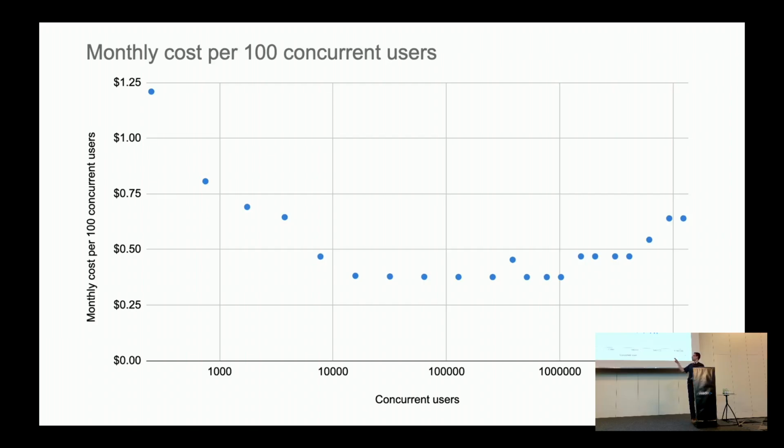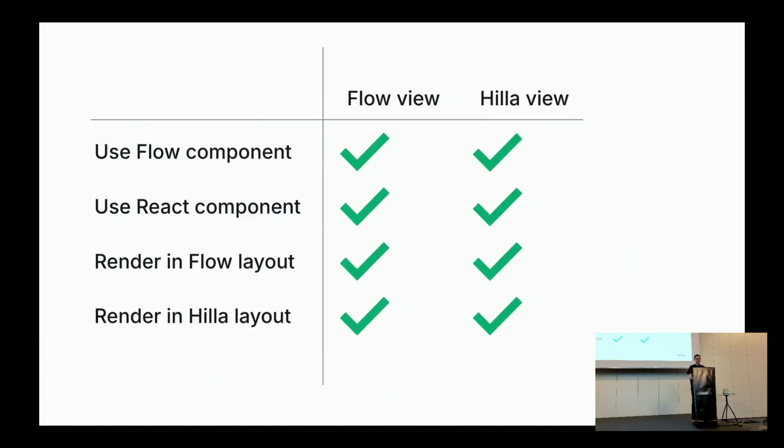If you go really crazy to the far right, the biggest instance on Amazon right now has 3 terabytes of memory. So that's 30 million users with that 1 megabyte per user ballpark. So that's probably enough for most use cases. That's about why you should or shouldn't use React for your Java application.